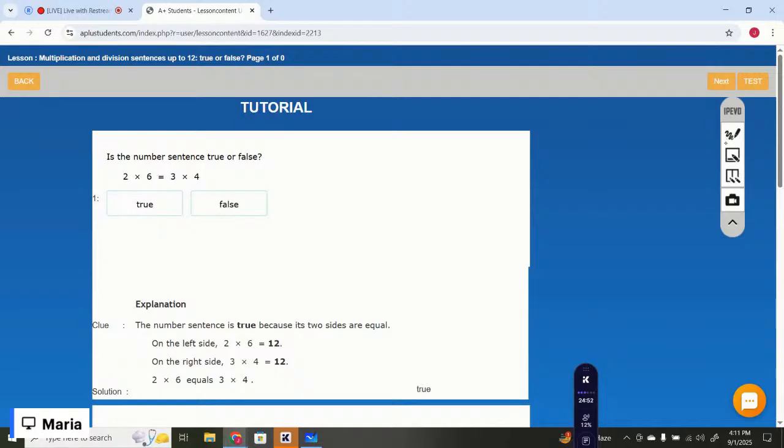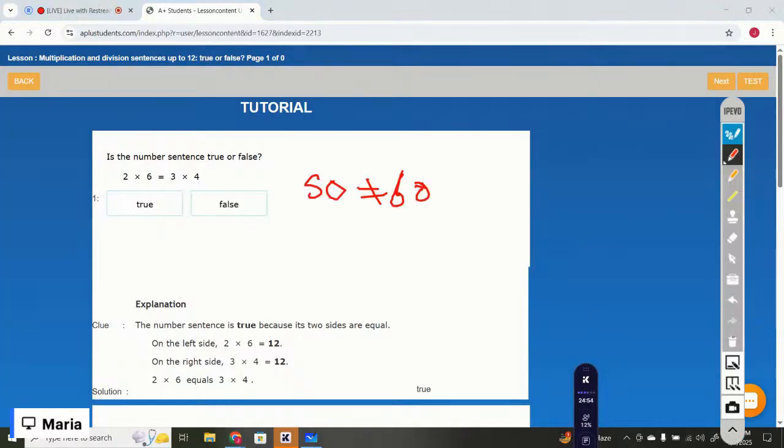Is the number sentence true or false? 2 times 6 equals 3 times 4. 2 times 6 is 12 and 3 times 4 is 12. So both sides are exactly equal. So the sentence is true.